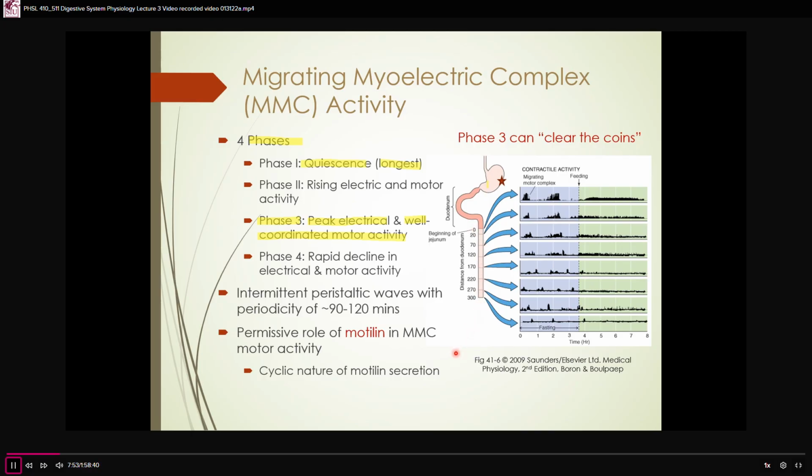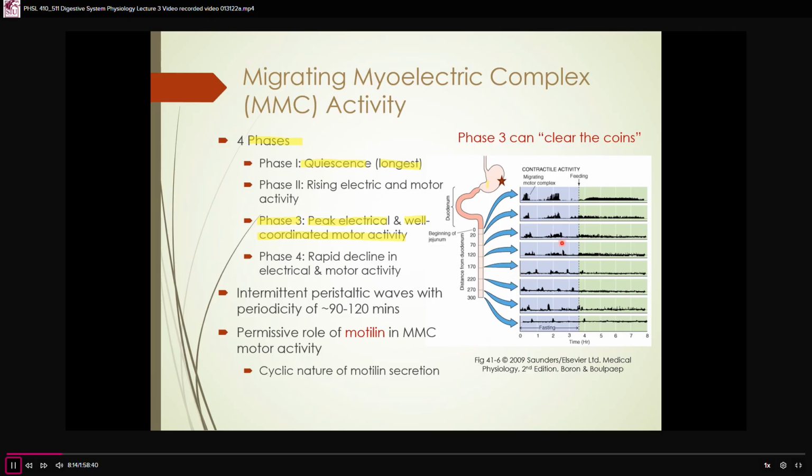So there are these housekeeping waves that periodically sweep through, and anything that didn't clear out, boom, they sweep it right down to that ileocecal junction. And if that sphincter happens to open up, they might sweep a little bit of it into the cecum, and the rest of it just gets retained down there. But it's doing these housekeeping contractions to keep everything cleared out in between meals.